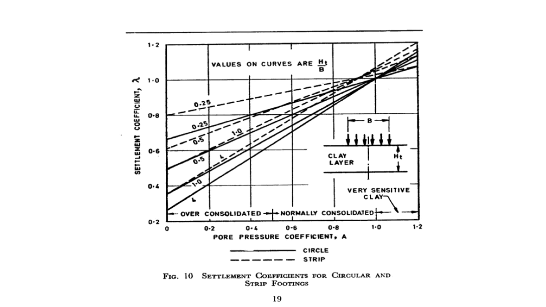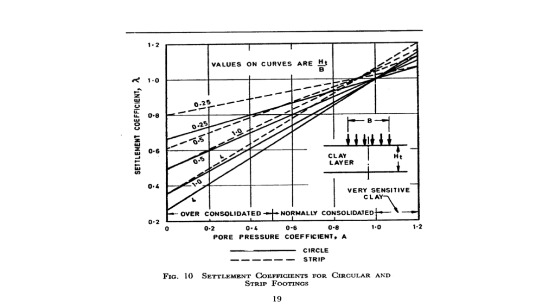Then the pore pressure coefficient is given as 0.6. Then we have to select values corresponding to strip footing. So we see that our value will be slightly below the curve whose value is equal to 1. So we see that the correction factor is almost 0.8. Actually, we should do a linear interpolation between the values of strip footing and square footing, but we can approximately select the values for a strip footing.